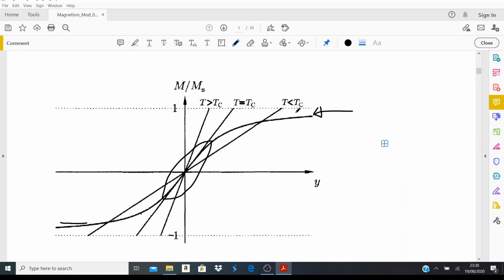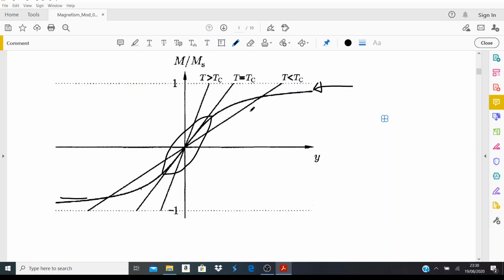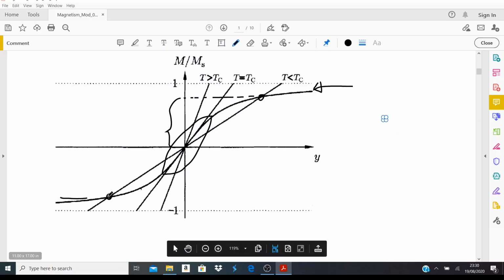Now when you go below, T less than Tc, so you're operating below the Curie temperature, you can see the straight line cuts the nonlinear curve in two different points. What does that mean? It means that at this point, if somebody asks you what is the magnetization, that's the ratio m by ms. Here, that's the amount of magnetization.